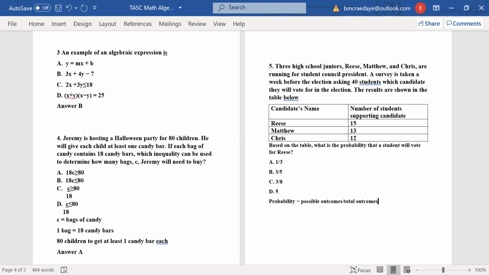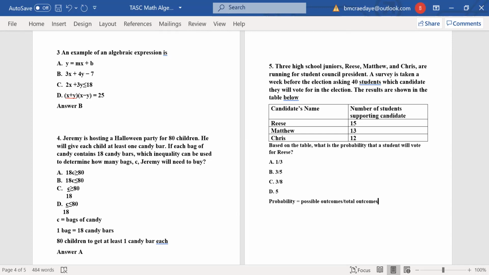Anyone have the answer? I mix up with it. I know I put D, but I don't think it's D. But they got asking 40 students.